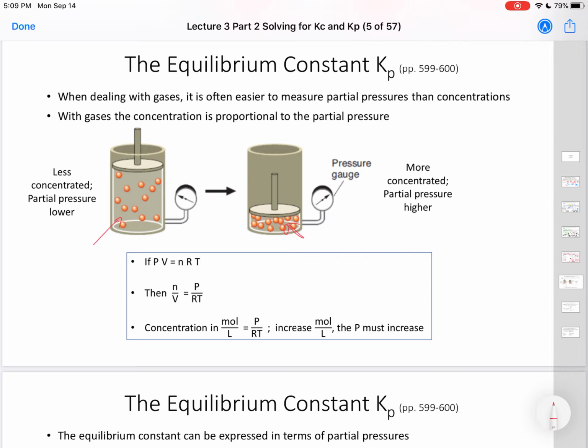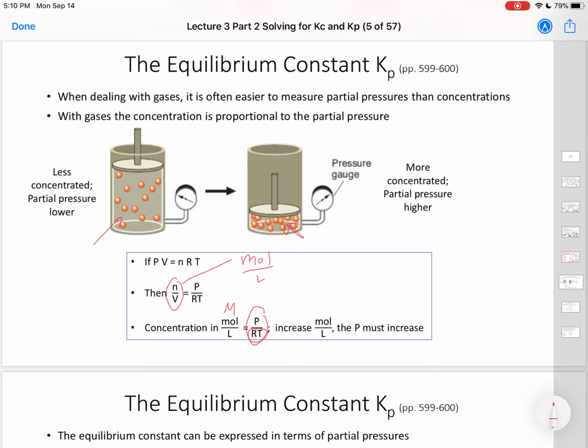And because of this, you know that PV equals nRT from the ideal gas law. If you rearrange that equation, n over V equals P over RT. So n over V, remember, is just moles per liter, because n is moles and volume is in liters. So really the molarity is equal to the pressure divided by RT.